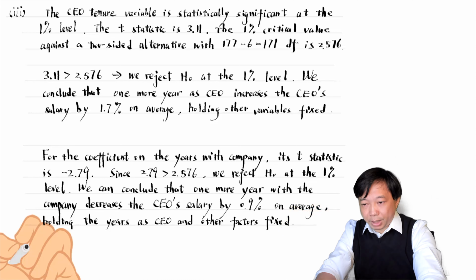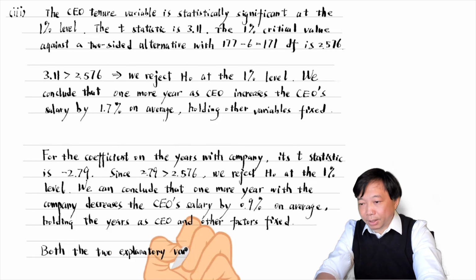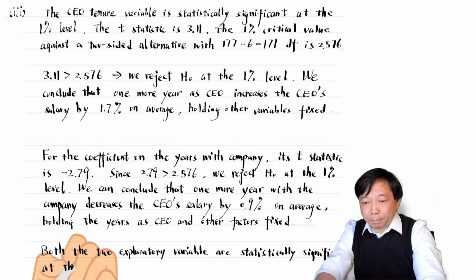We can conclude that one more year with the company decreases the CEO's salary by 0.9% on average, holding the years as CEO and other factors fixed. In other words, the years with the company, not as a CEO, reduce salary. Both explanatory variables are statistically significant at the 1% level.